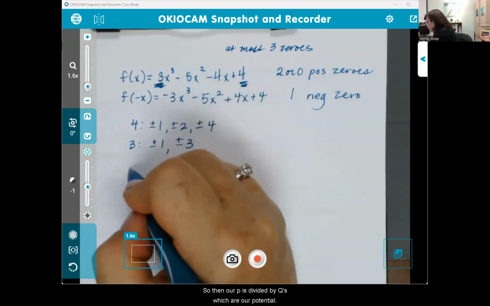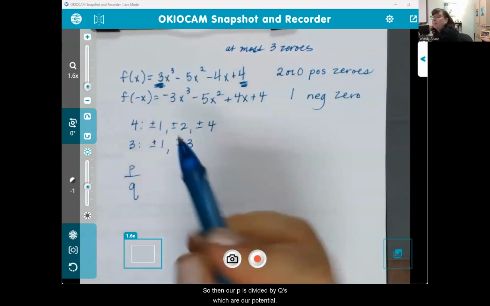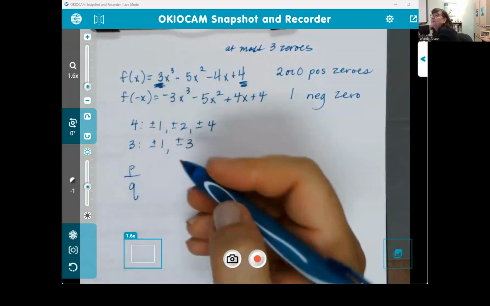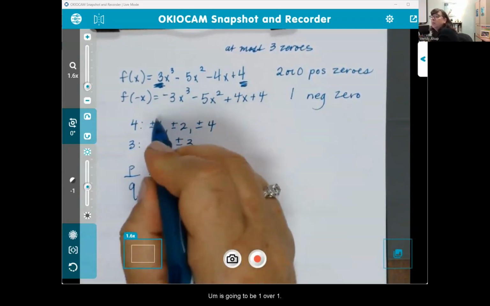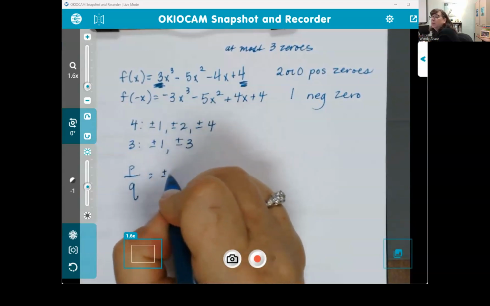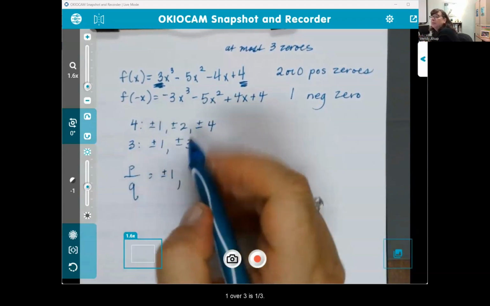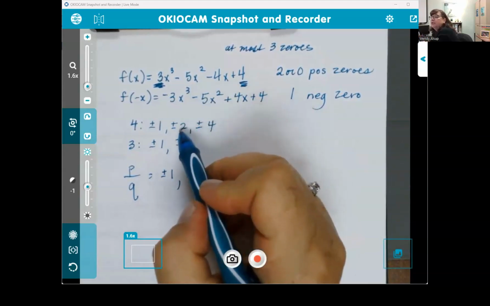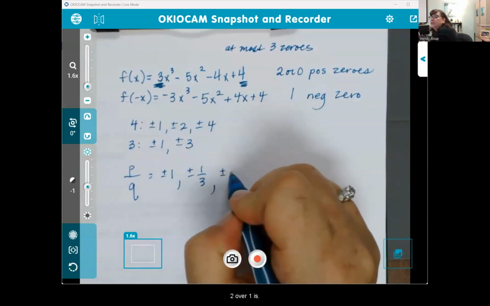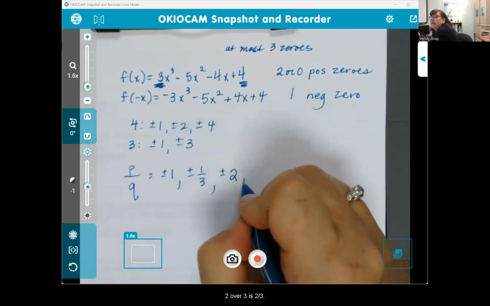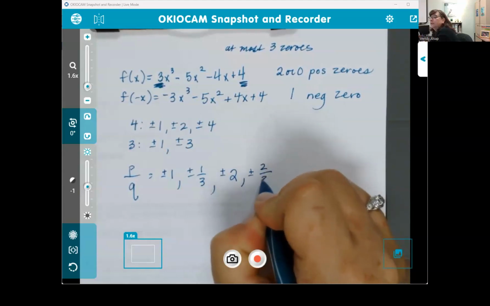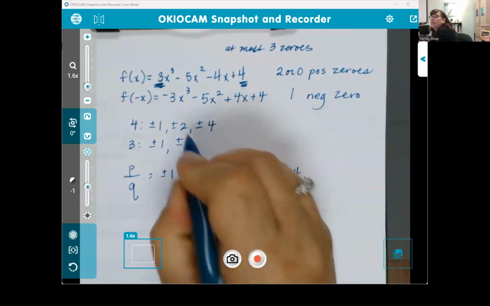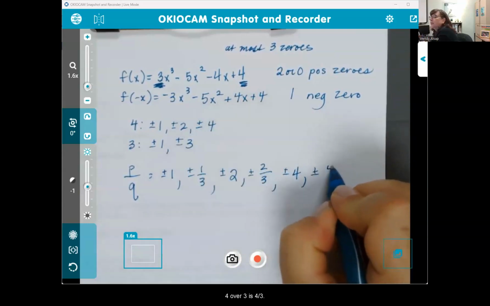So our p over q, which are our potential zeros, is going to be 1 over 1 is 1, 1 over 3 is 1/3, 2 over 1 is 2, 2 over 3 is 2/3, 4 over 1 is 4, and 4 over 3 is 4/3.